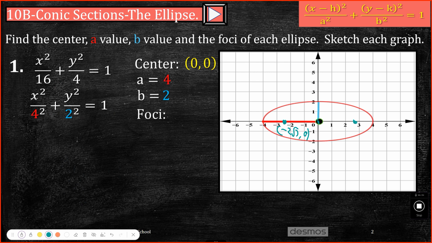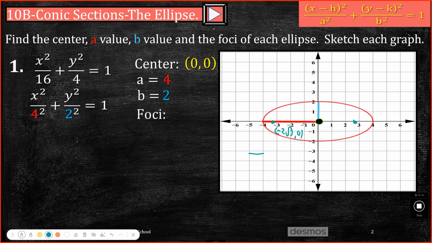The square root of 12 is about 3 point something, so we're going to go 3 point something to the left. It's more like 3.4, somewhere over here is where it is. So the focus is at negative 2 root 3, 0.